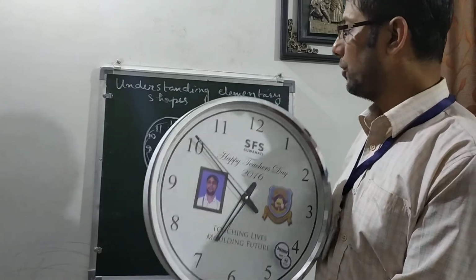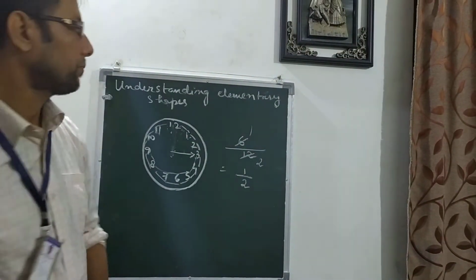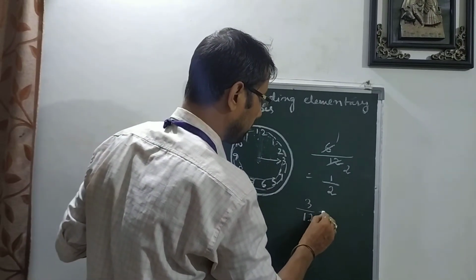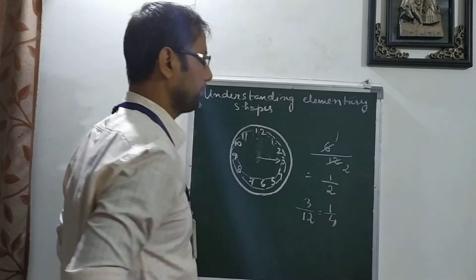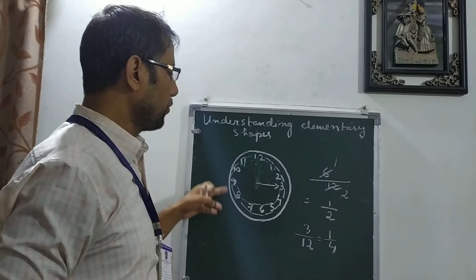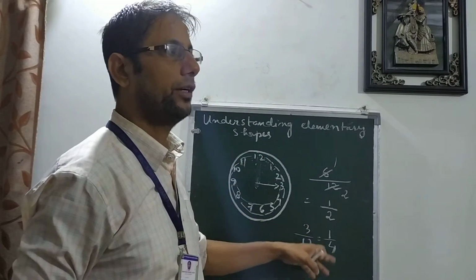That means 3 parts. So what will I write, students? I will write 3 by 12, which is equal to 1 by 4. From 7 to 10 is 3 parts, that means 3 out of these 12 parts. If I cancel it, I will get 1 by 4.